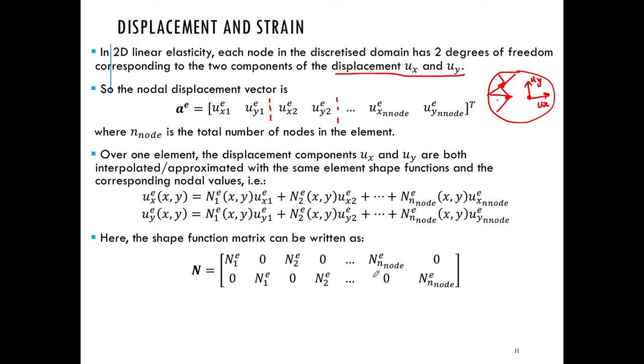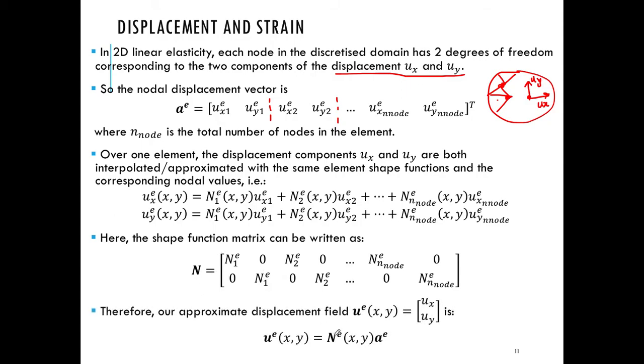So it's a little bit different from our previous cases, and only when we write down our shape function matrix in this format can we use our standard multiplication of Ne multiplied by Ae. Sorry, this should also be e and e.